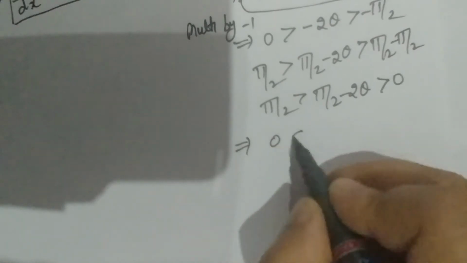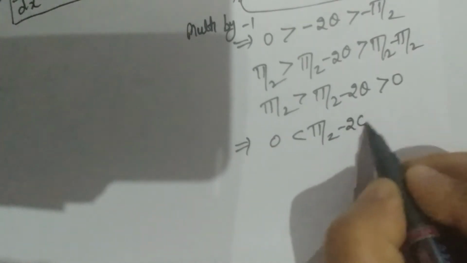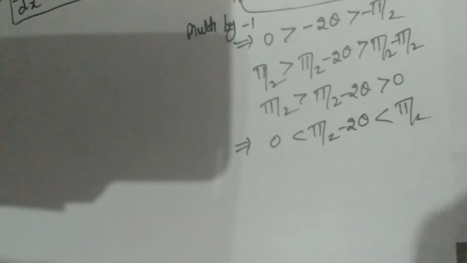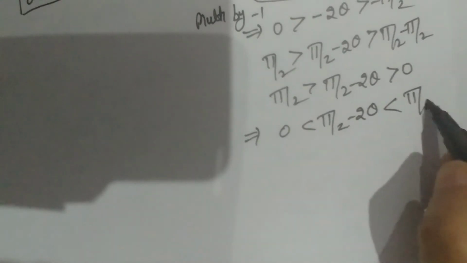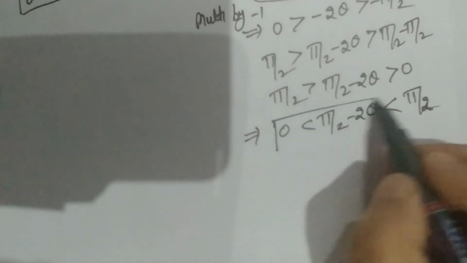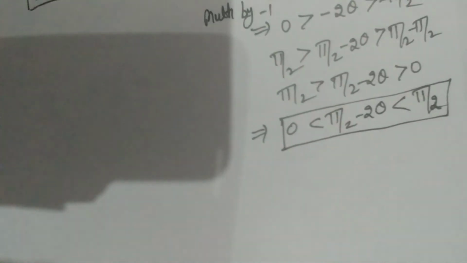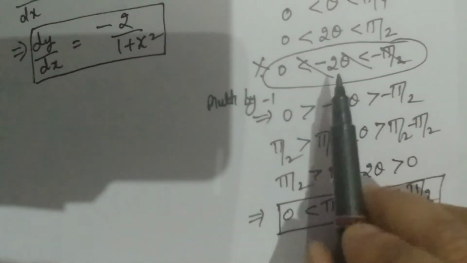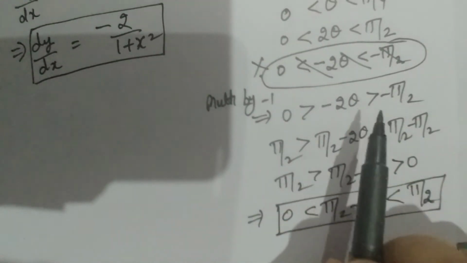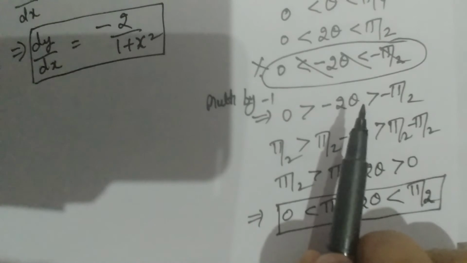Now just reverse it, write it in proper manner, and you will find the same thing we obtained in the previous question. This is how we make the conditions; the conditions need to be verified. Remember this: when you multiply with a negative sign, the direction of inequality changes.